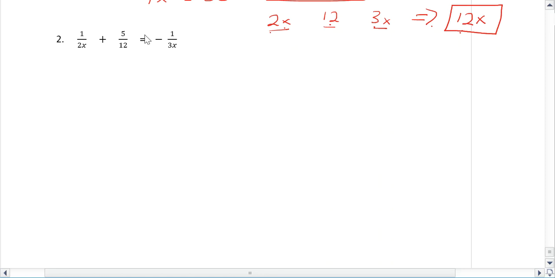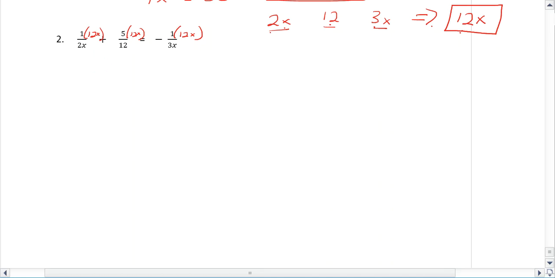So now the next step is to multiply everything in our equation by 12x. So let's see if I can fit this in here. I'm going to multiply this fraction by 12x, this one by 12x, and this one by 12x. I wish I would have written that in a bigger font, but hopefully we can manage.